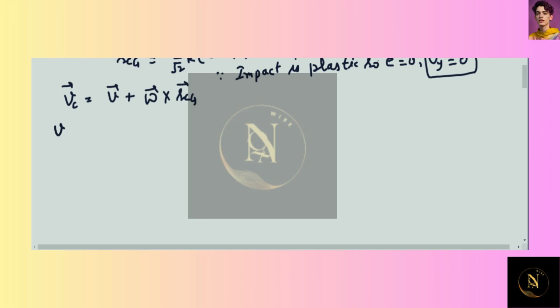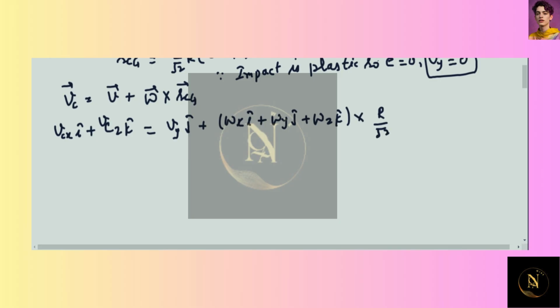This is vcx i cap, vcz k cap, because vcy is 0, equals vx i cap plus vy j cap plus omega x i cap, omega y j cap, omega z k cap cross r upon root 2 i cap minus k cap.